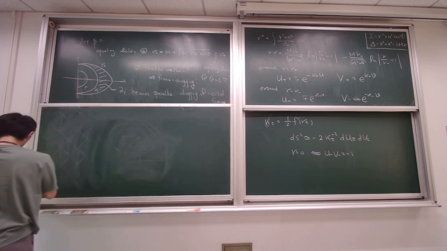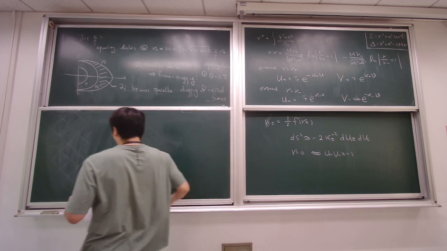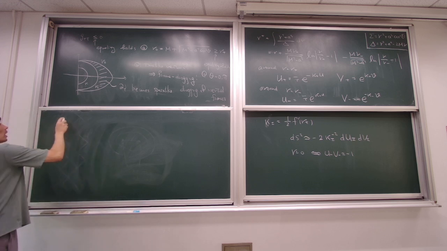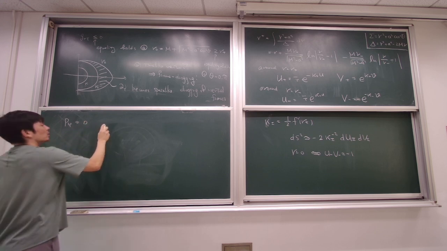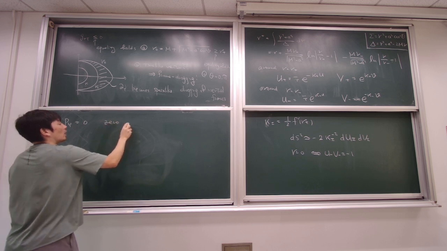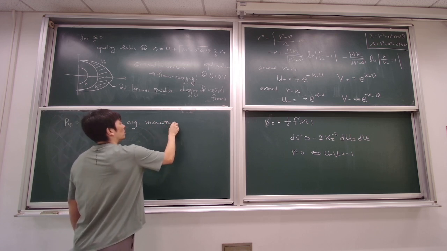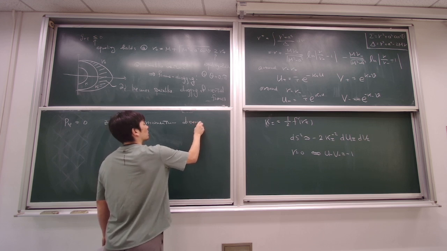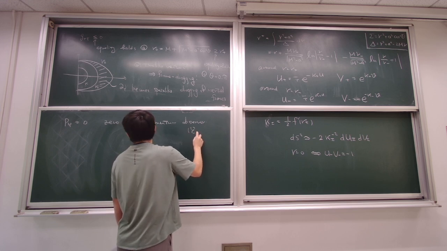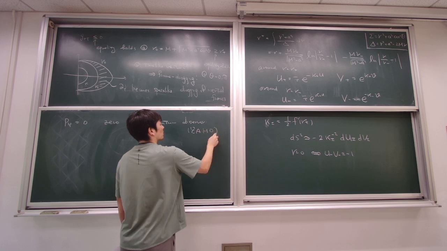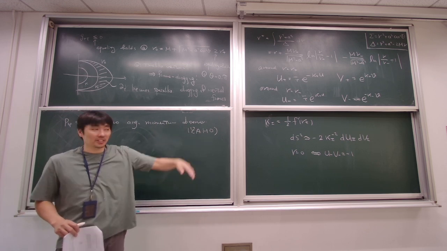The frame dragging: the observer at infinity, the angular momentum measured at infinity is p_phi equal to 0. So this is called the zero angular momentum observer.